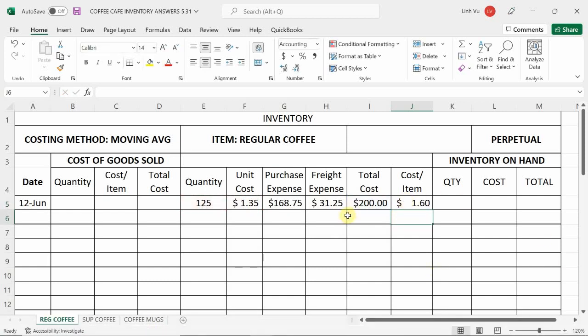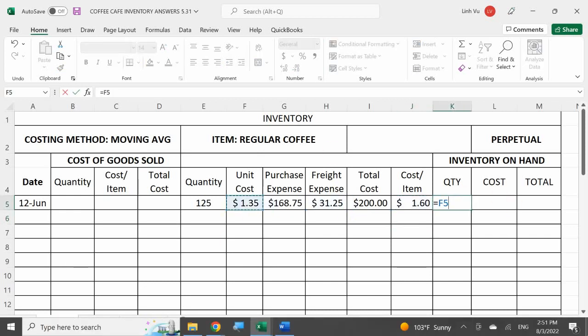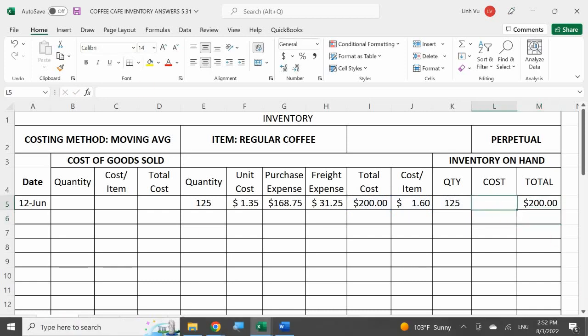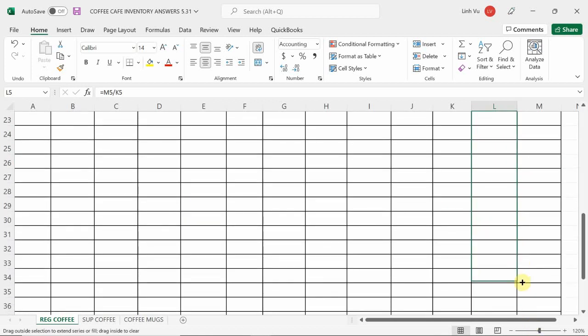$1.60. So once again, because we're using perpetual inventory, I'm going to go ahead and transfer this amount into my inventory on hand. Okay? Because it's moving average, I'm only going to copy my quantity and my total cost because what this is going to do is I'm going to constantly be calculating my average cost per item. Okay, so my formula lies into my cost right here, and this formula is going to be dragged all the way down.